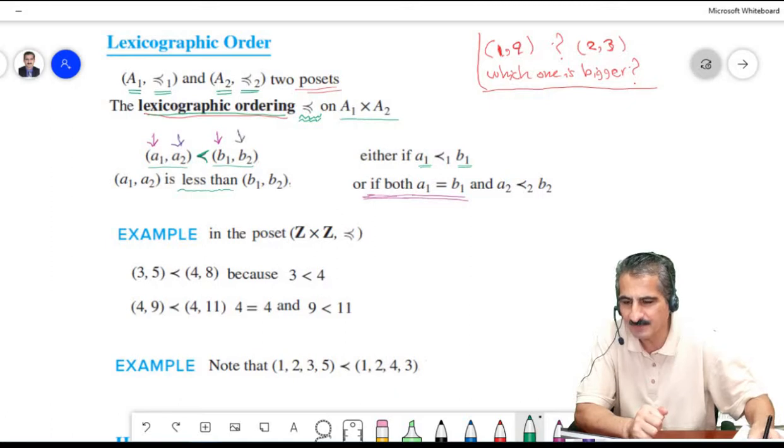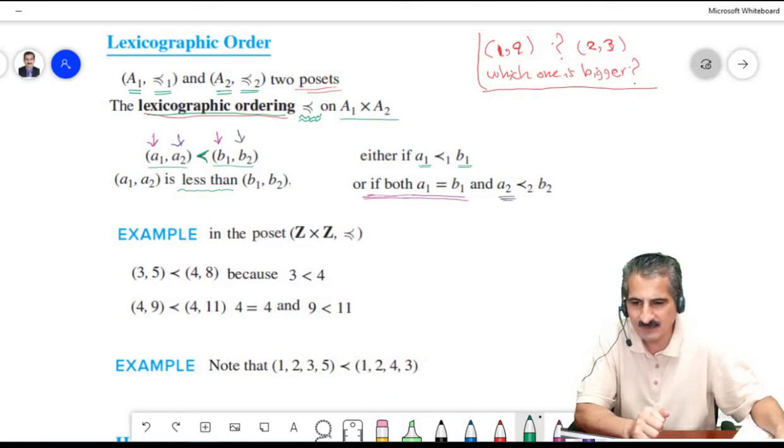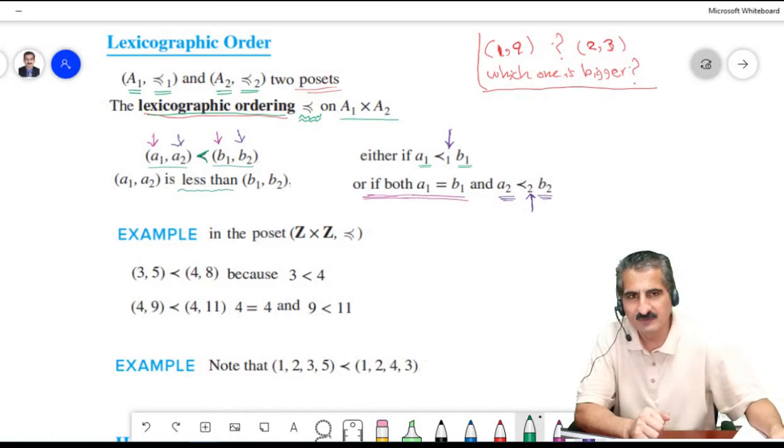If we find the second coordinate is smaller, then that ordered pair will be smaller. Notice that when we compare second coordinates, we use the relation coming from A2. When we compared first coordinates, we used the relation coming from A1.